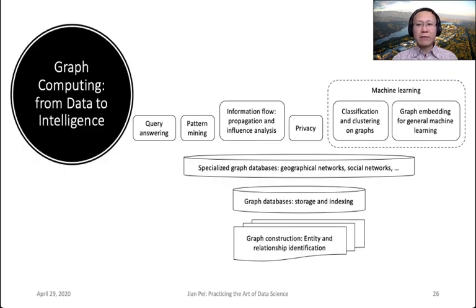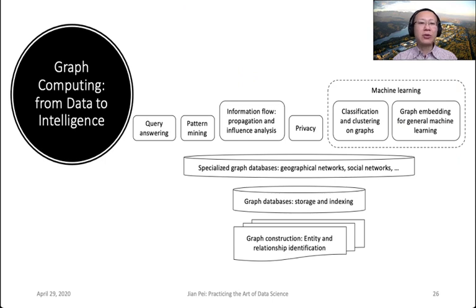My group has done a lot of work on graph mining and graph computing. We start from the lowest level, which is graph construction and entity relationship identification, and then on top of that, we build graph databases, which can store and index graphs.